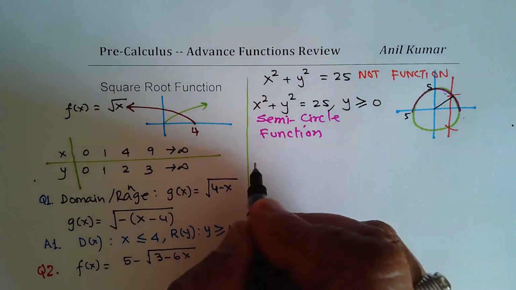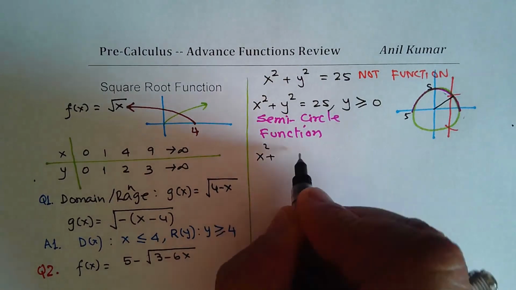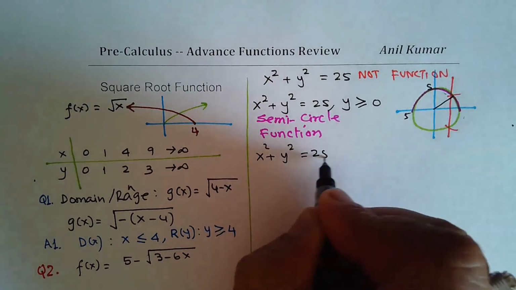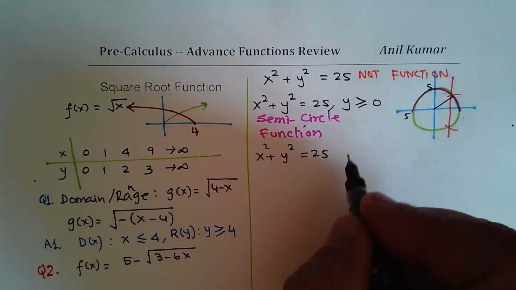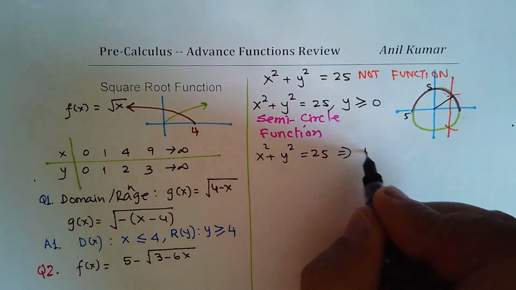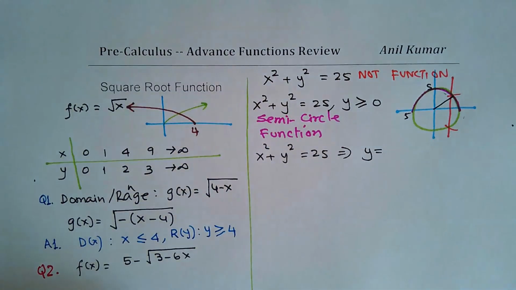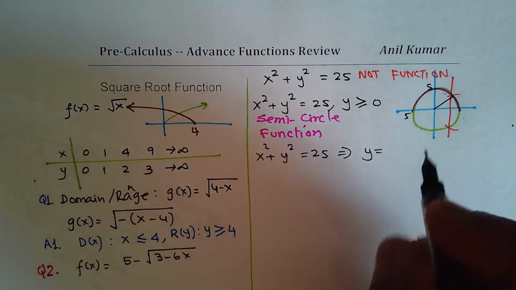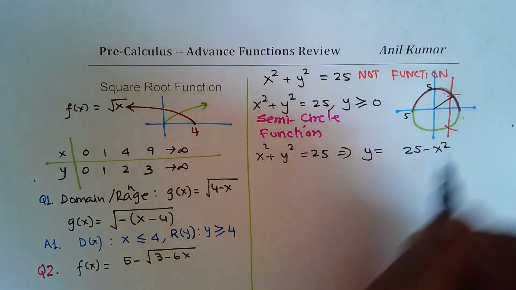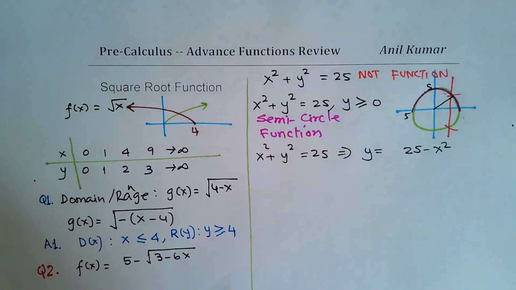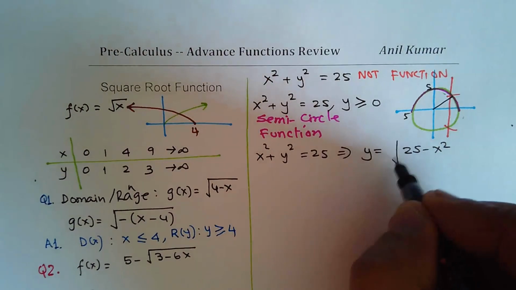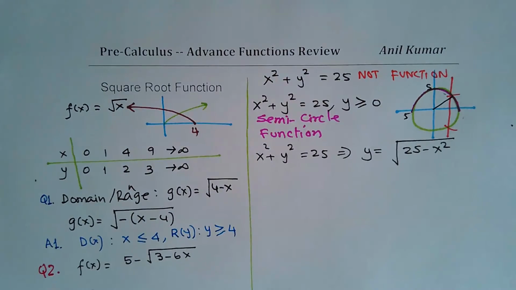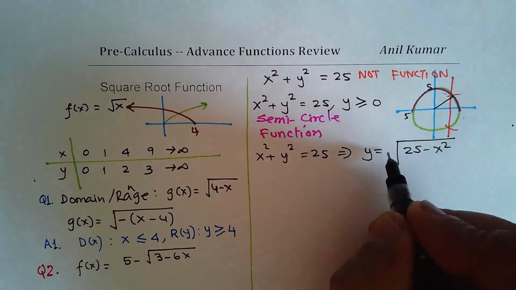So when I say x squared plus y squared equals 25, we can rearrange and write this as y squared equals 25 minus x squared, taking x squared to the right. So we square root. Do you see that? Whenever you square root, you have to write plus and minus.